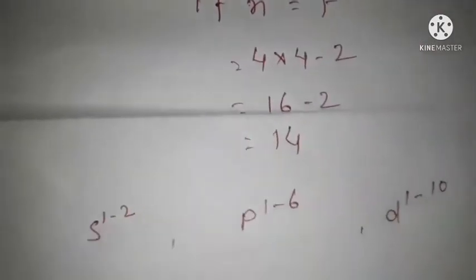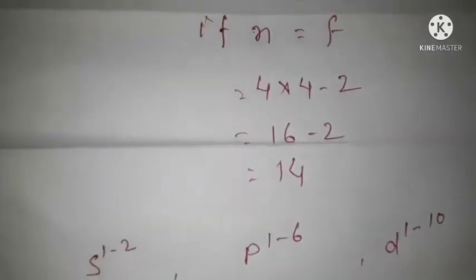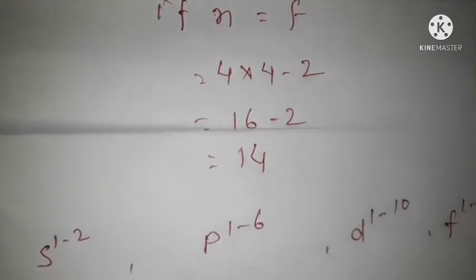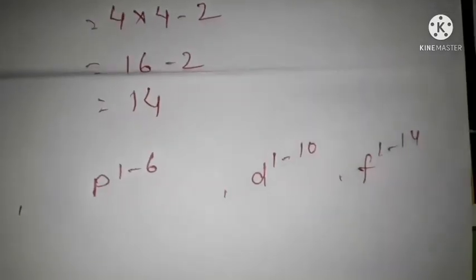In this way, we saw that in the S subcell a maximum of 1 to 2 electrons are included, in the P subcell a maximum of 1 to 6 electrons, in the D subcell a maximum of 1 to 10 electrons can exist, and in the F subcell 1 to 14 electrons exist.